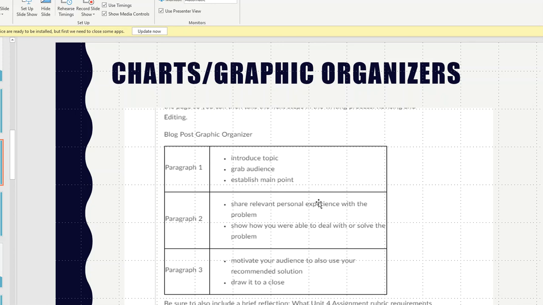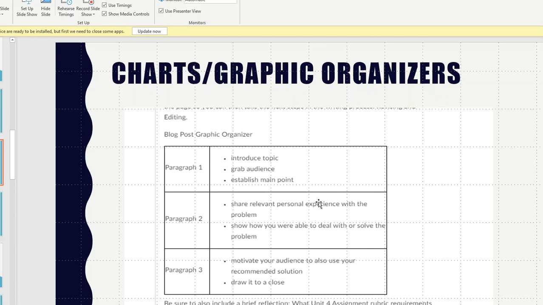And the same thing in paragraph 3. How do you motivate your audience? How do you draw it to a close? So we're guiding the students in the drafting process with a little bit more focus and a little bit more specific instructions for how to make the paragraphing happen, because we're seeing in the data that students struggle with drafts.